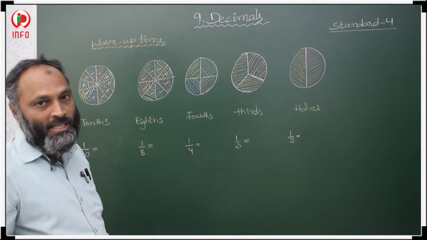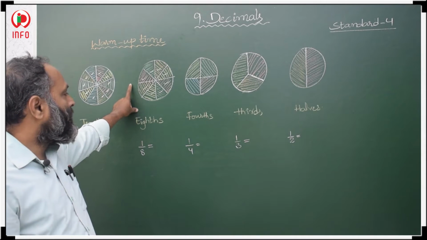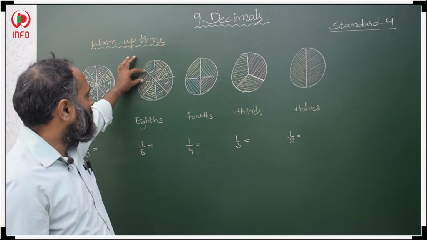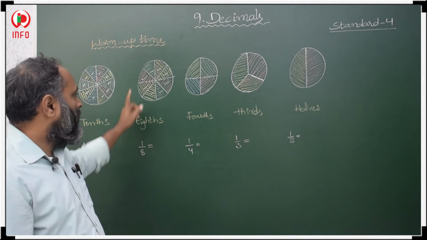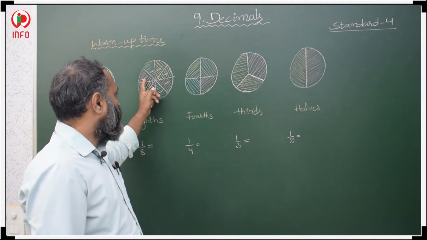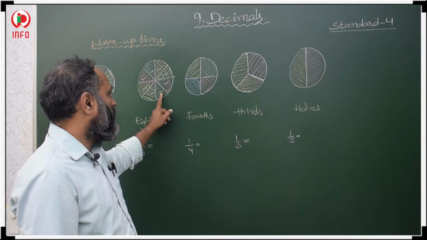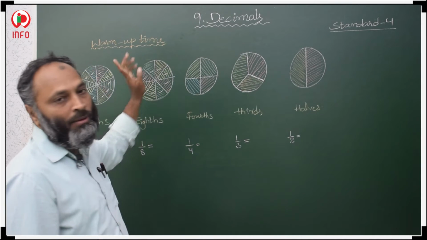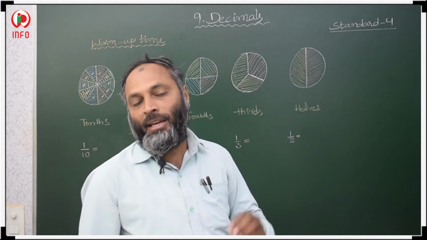Then how to represent each part as a fraction? Each part is represented by 1 by 8. Each and every part can be represented as 1 by 8.